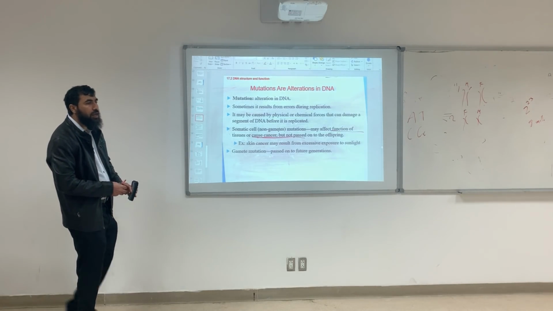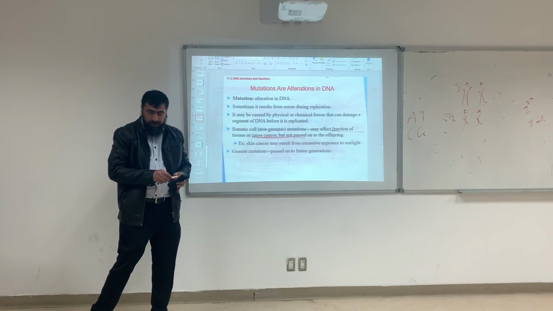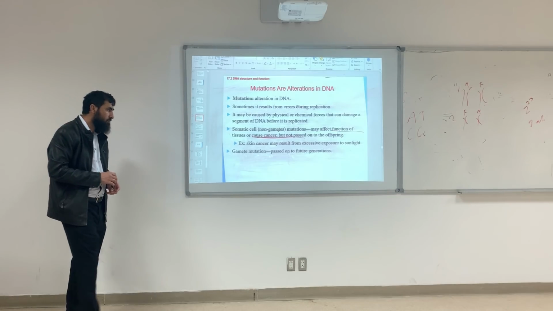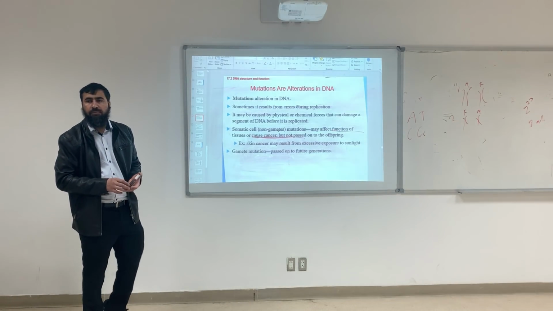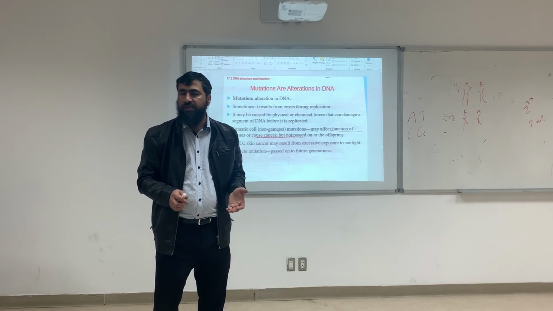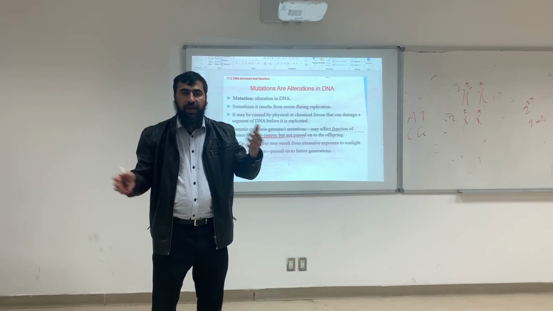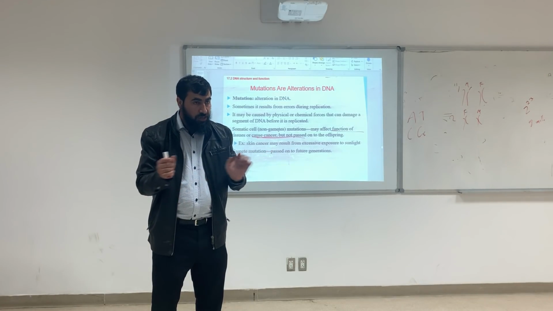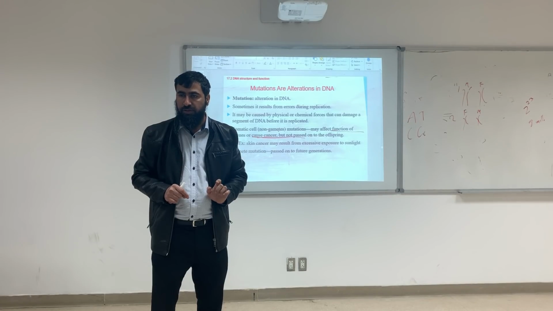Sometimes also what happens is that we can get changes in the sequence, okay? Which are known as mutations, alright? These can happen by physical or chemical forces. In terms of physical, we have UV, X-rays, gamma rays, and all sorts of these radiations can cause changes in the DNA sequence.